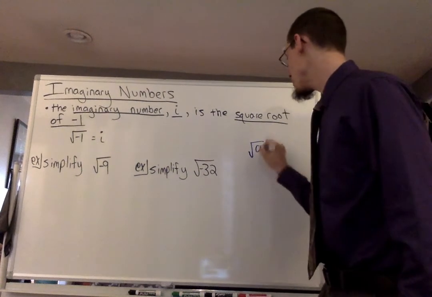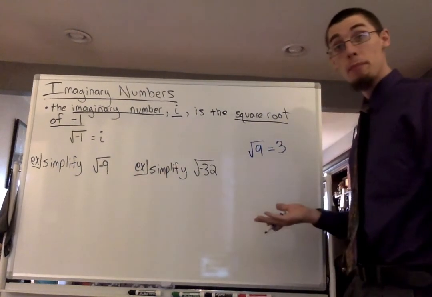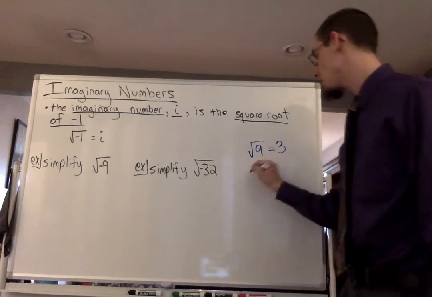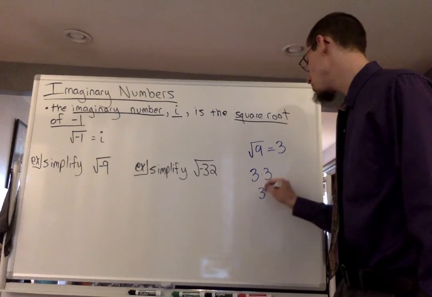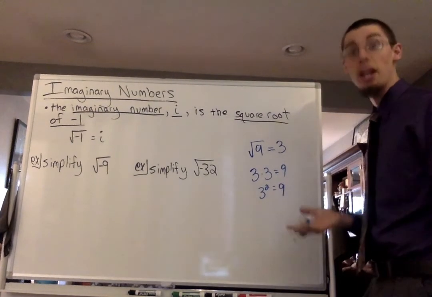The square root of 9 equals 3, right? Why does the square root of 9 equal 3? Because 3 times 3, or 3 squared, equals 9.